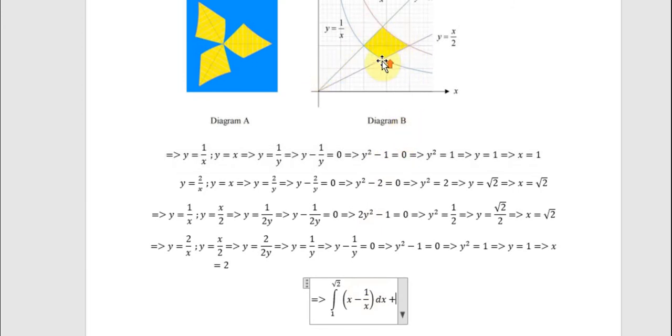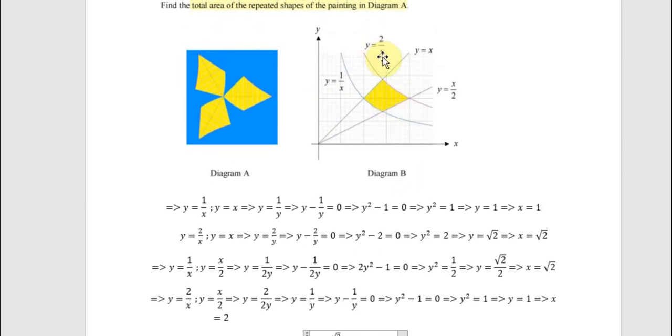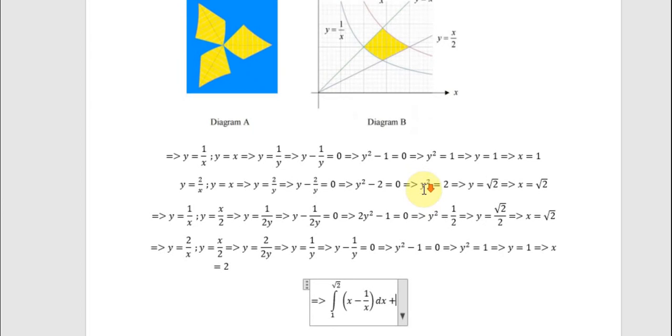Then the next thing, we have 2 over s over this area s over 2, because we have this curve and this curve in here, from square root of 2 to 2.